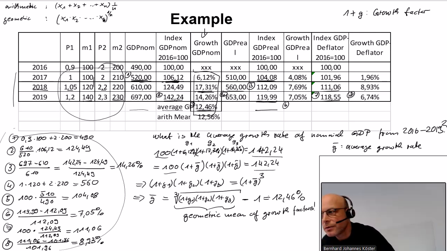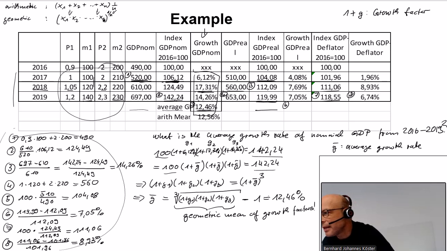And here maybe you see the correspondence between these two means. We just interchange a plus by a multiplication, and we just move up this 1 over n to the exponent of 1 over n.